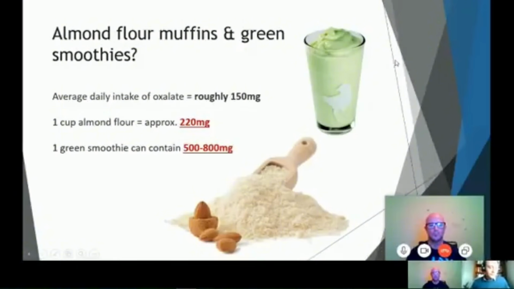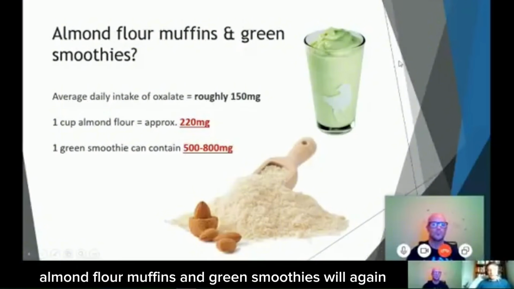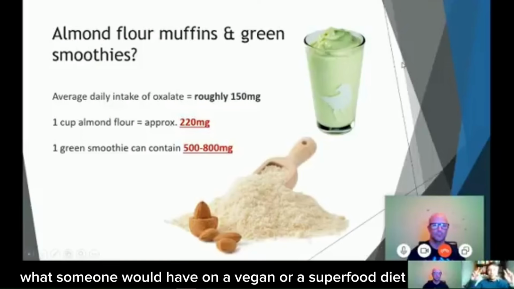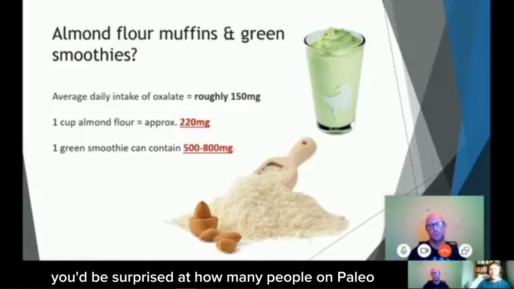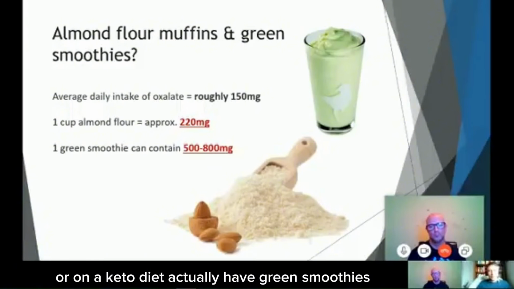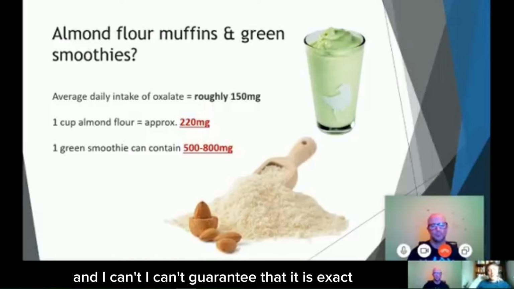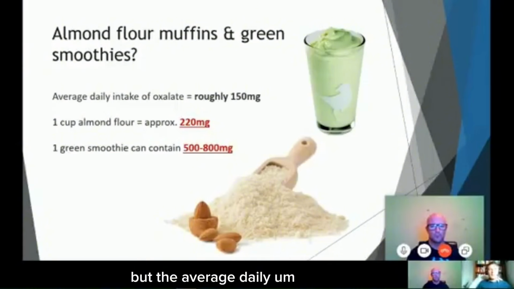And so I've said here almond flour muffins and green smoothies. Well, these sound like what someone would have on a vegan or a superfood diet, but you'd be surprised at how many people on paleo or keto actually have green smoothies and are cooking with almond flour every day. Now, I did a rough calculation, and I can't guarantee that it is exact, but the average daily intake of oxalate in the American diet, I believe, is roughly 150 milligrams per day.